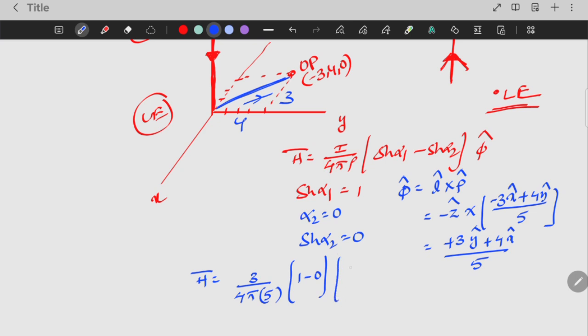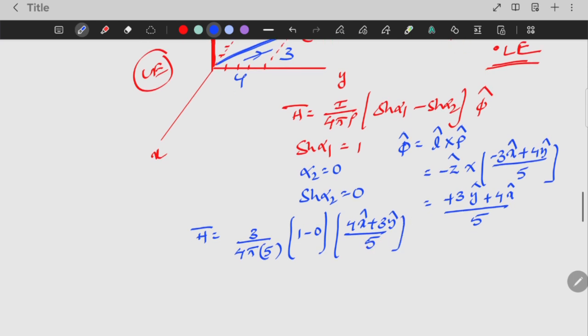Then phi cap is 4 into x cap plus 3 into y cap by 5. So what did you get? It is equal to 3 by 25 into 4 is 100 into pi multiplied with (4 x cap plus 3 y cap).